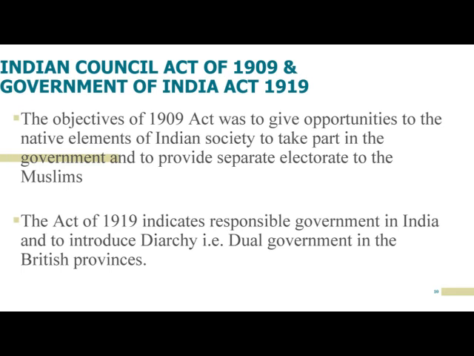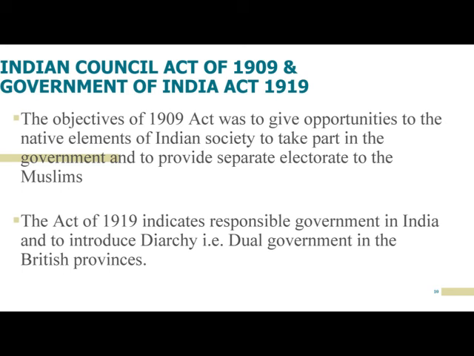The former, the reserved subjects, were kept in the hands of the executive councillors, and the latter, the transferred subjects, were entrusted to the Indians. It allowed Indians' participation in the administration. So in this way, the Act of 1909 was unable to vest the power in the hands of the Indians.